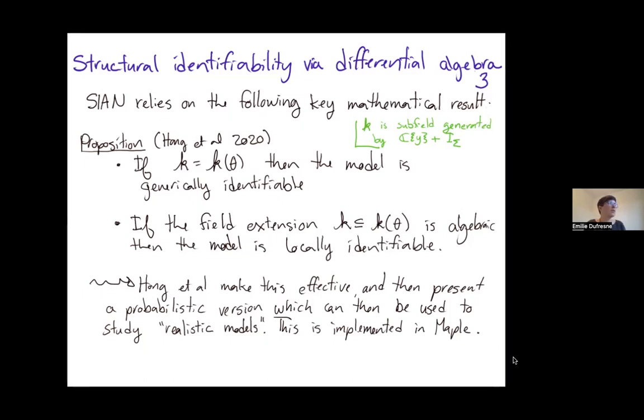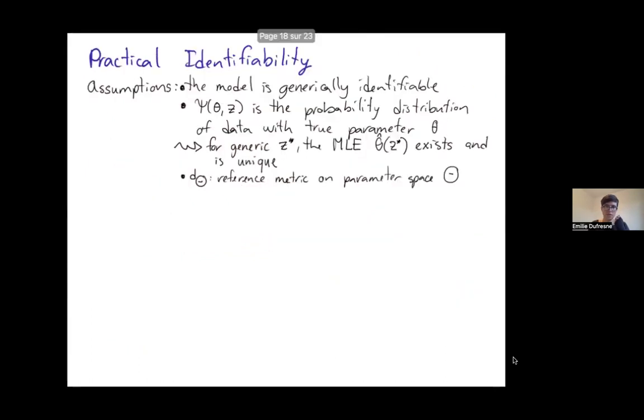So there is another layer of difficulty that happens when you start introducing some noise, and that's where practical identifiability comes in. There is an intuitive notion, which is that you try to estimate the parameters and it doesn't work.